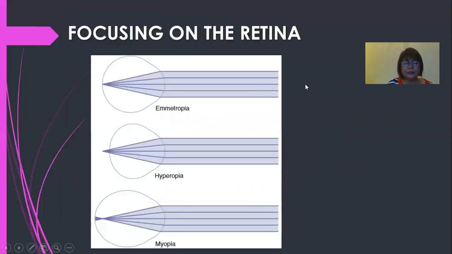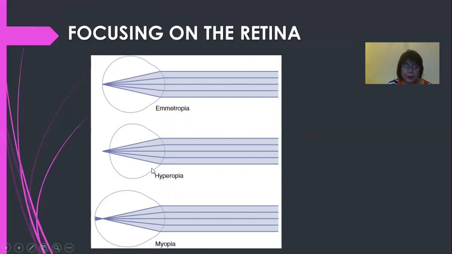So let's now see how accommodation impacts vision. For a normal eye, we call it emmetropia. It focuses objects at the retina, so there is clear vision. This is brought about by a strong lens system, which accommodates any object that is seen by the eye at different distances.